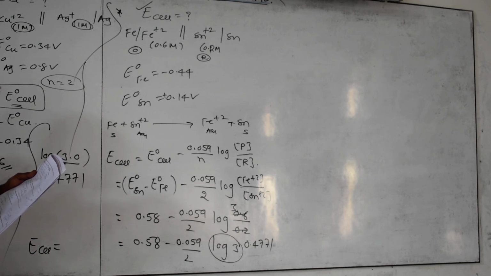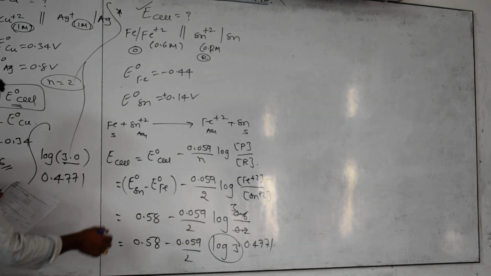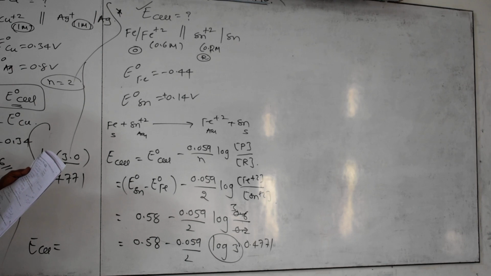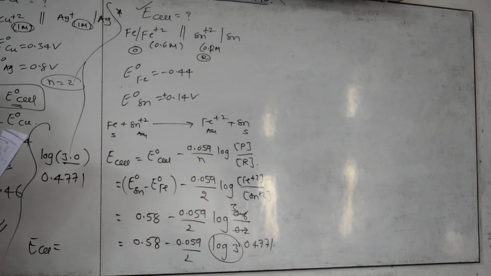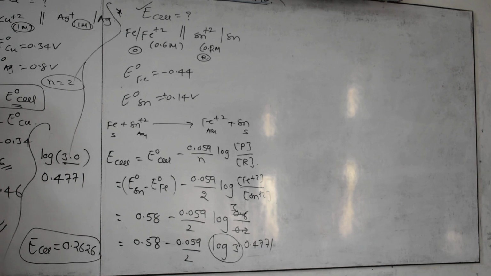0.26. How much is coming? Let's check it carefully. Definitely everything is less than 0.58. 0.2626? 26.